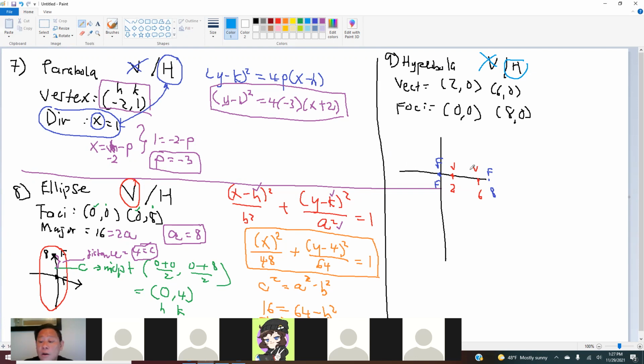And again, in order for us to find the center, it is the midpoint. So what is the midpoint between the vertices 2 and 6? If you find the midpoint, 2 plus 6 over 2, this is going to be 4. So your center in this case will be at (4, 0), because that is the midpoint between those two.